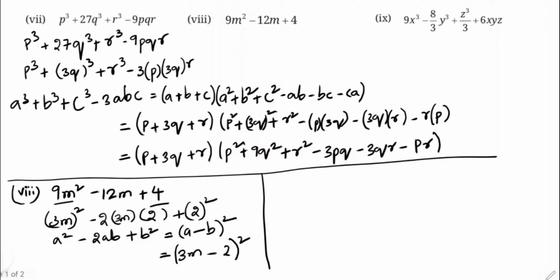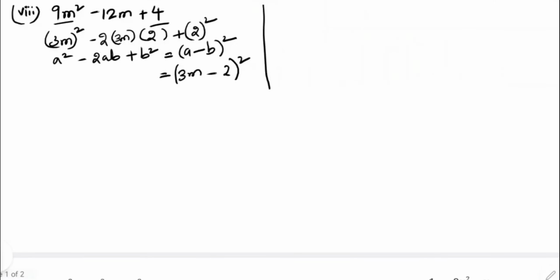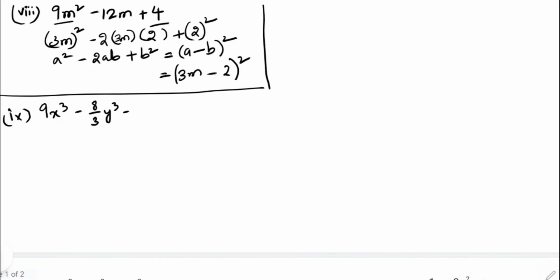Now let us solve 9th bit. 9th bit is 9x³ minus 8 by 3 y³ plus z³ by 3 plus 6xyz.